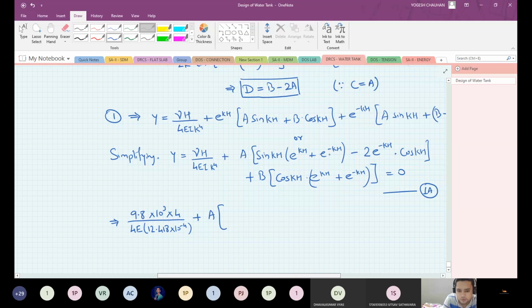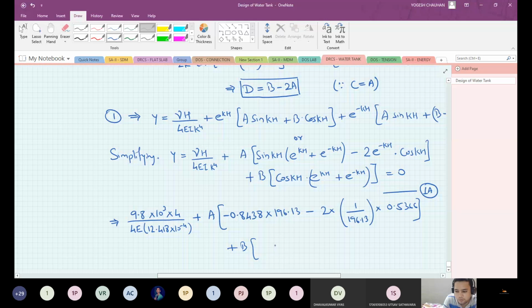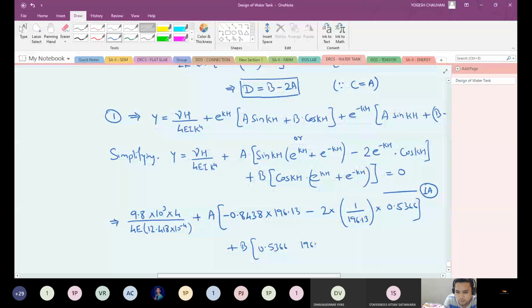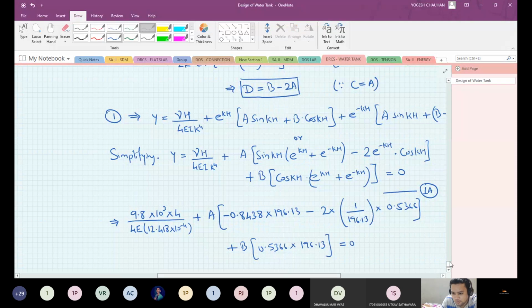So this will be equal to minus 0.848 into 196.13, minus 2 into again this term, so it will be 1 divided by 196.13 into cos kh, that is 0.5366, plus b into 0.5366 into 196.13. This is equal to 0. You can verify this at your end.